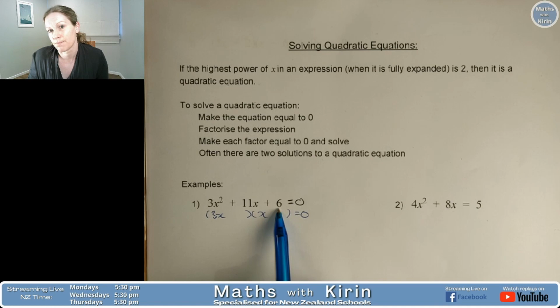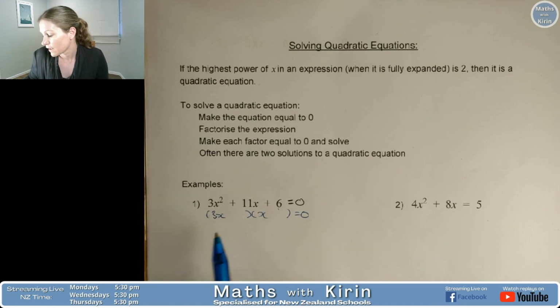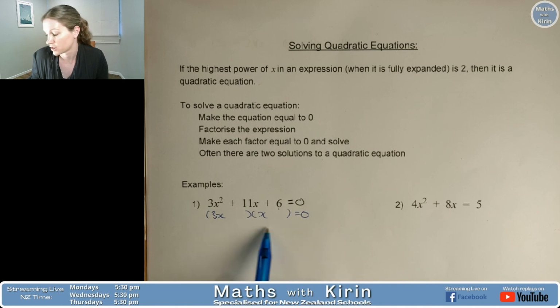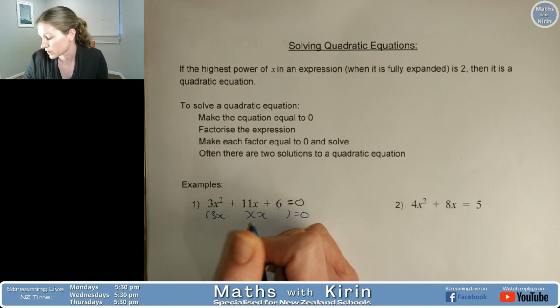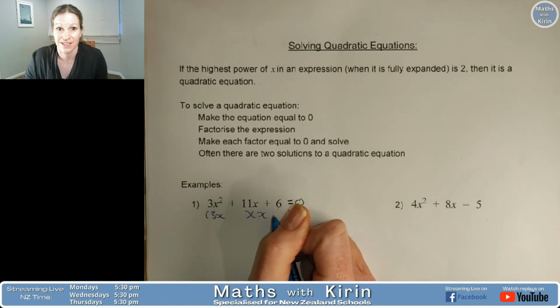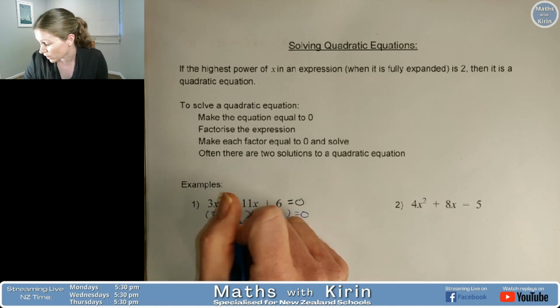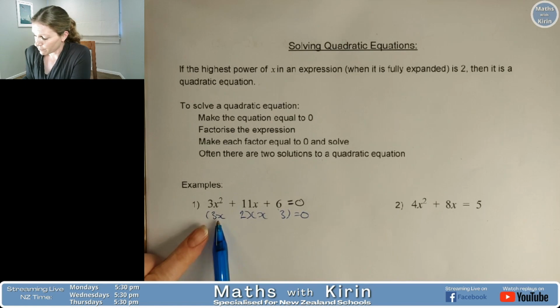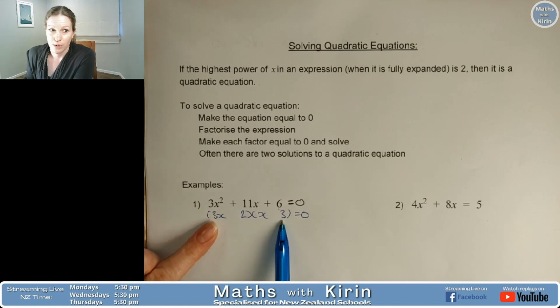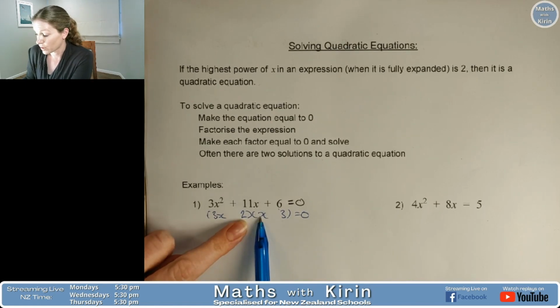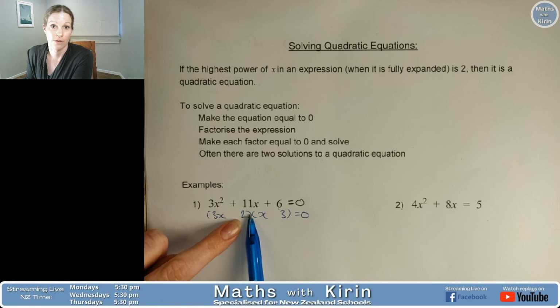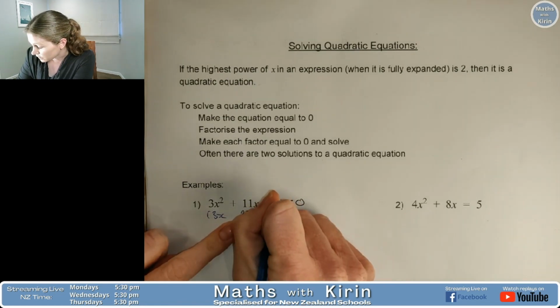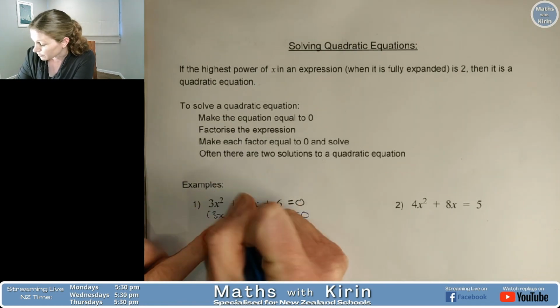We want two numbers that multiply to give us 6, remembering that one of them, when we expand it out, is going to be multiplied by this 3 here. If we think factors of 6, either 6 and 1 or 2 and 3, I'm going to start by trying 2 and 3. If we expand this out, 3x times 3 would give us 9x, and another 2x would give us the 11x that we are looking for. And they're both positive because we have a positive 11x and a positive 6.